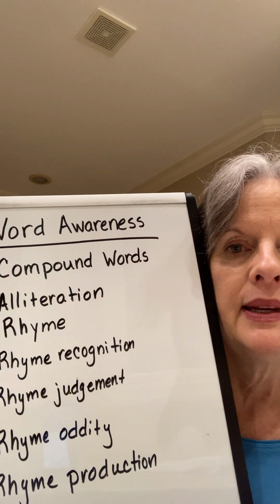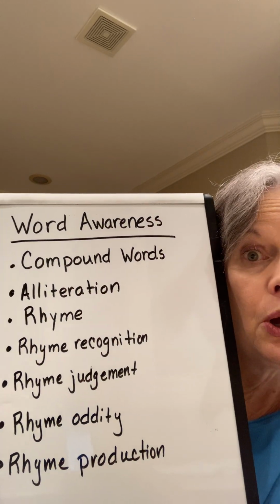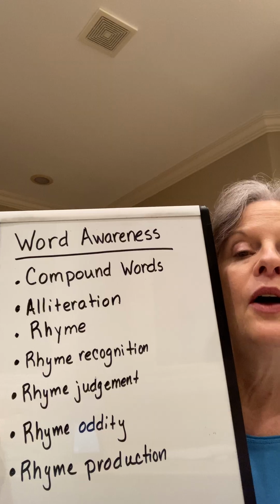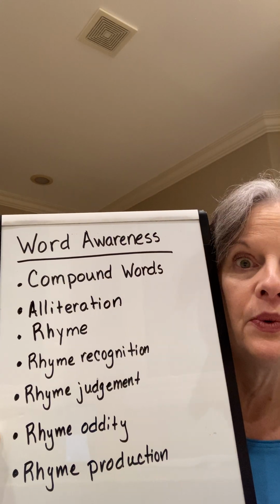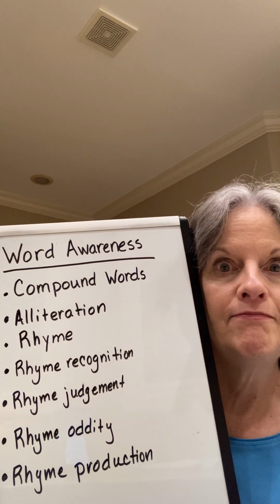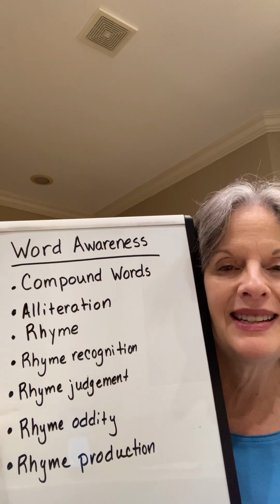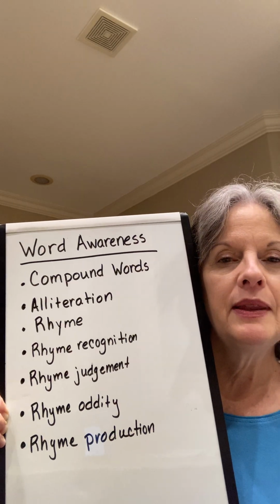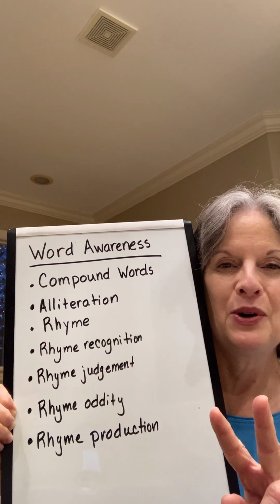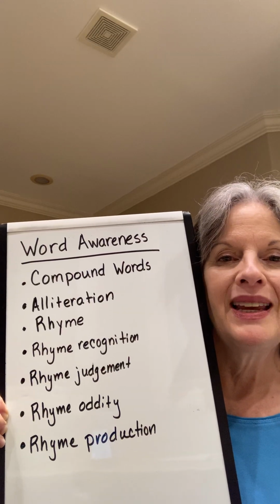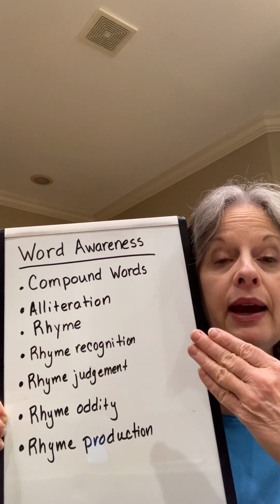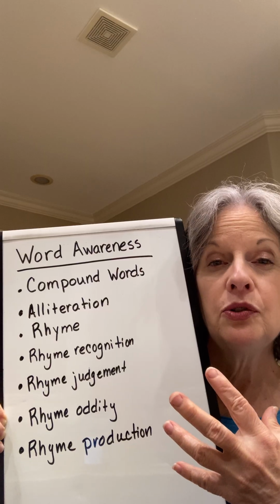So if I have the word baseball and I take out the word ball, what do I have left? I have base. So that's helping them hear the two parts of the word. And so it's good to do that a lot with little children.